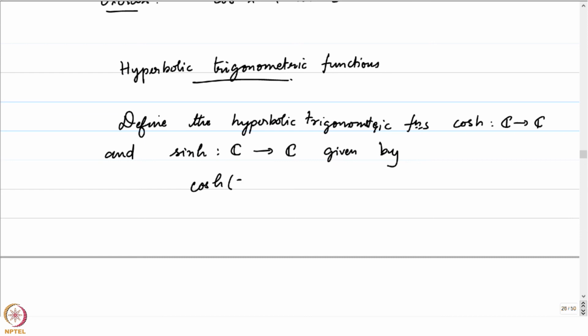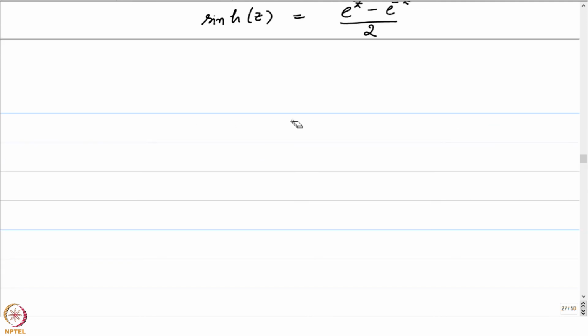Cos h of z is just equal to e to the power z plus e to the power minus z, divided by 2. Let us now see how the hyperbolic sine and the hyperbolic cosine are related to the complex sine and the complex cosine function we just defined.